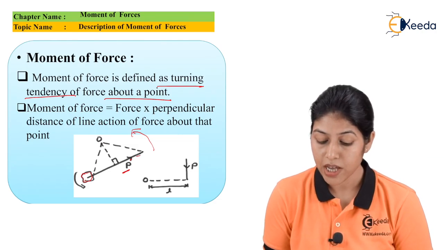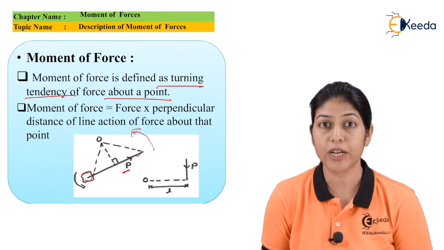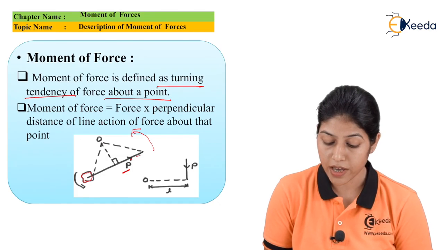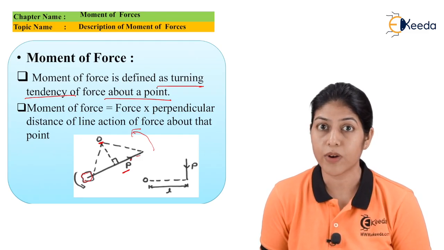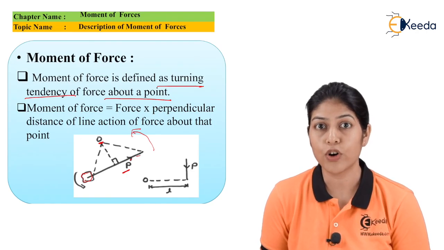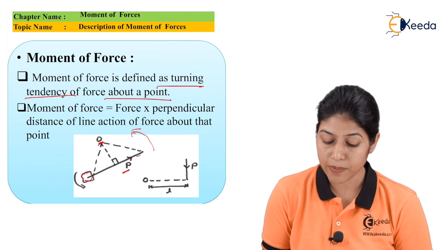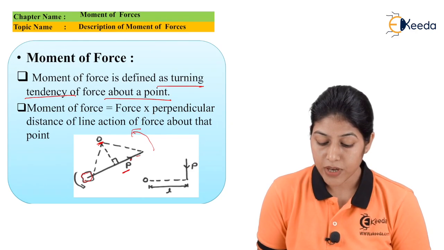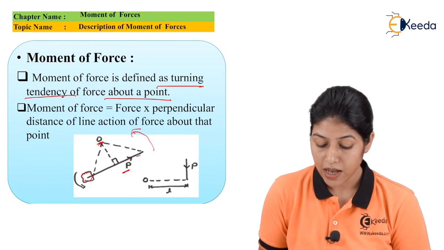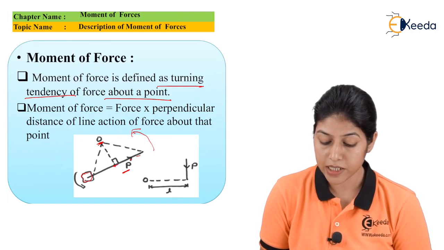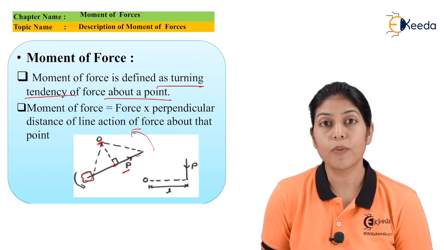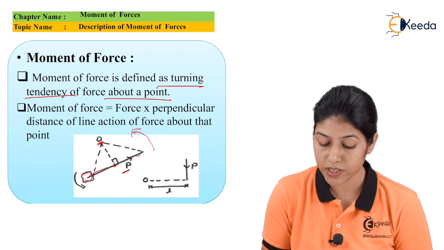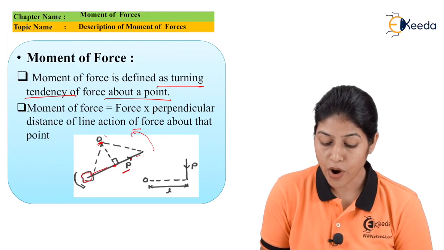Rotation we always consider with respect to a center point. So here, point O is the center point of the curve about which that particular force is rotating. This is the point where we are considering the distance. This line represents the vertical or perpendicular distance of this force about the point of rotation.